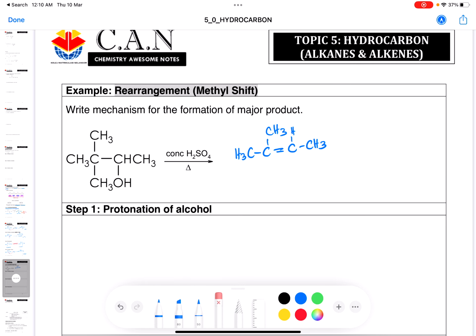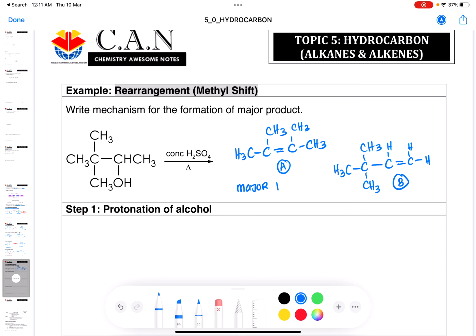Oh no, this is CH3. You're going to get this major product, or the other one. So we have A and we have B. Of course, obviously, A is the major product.